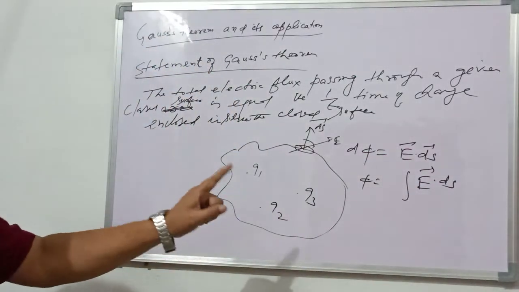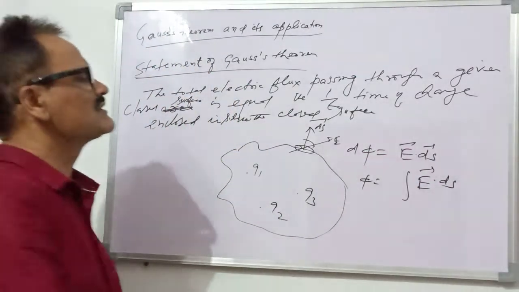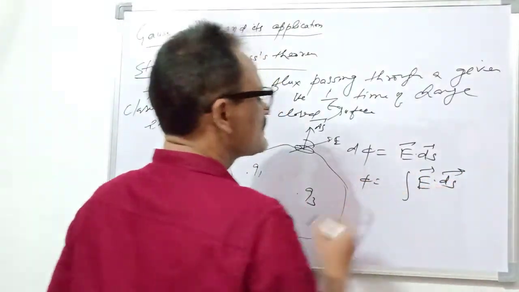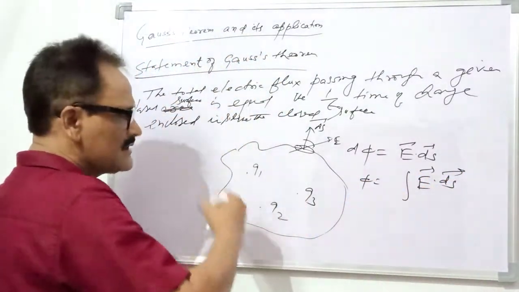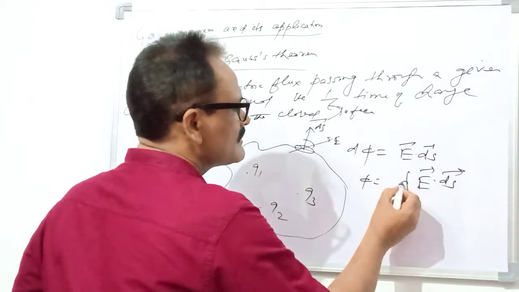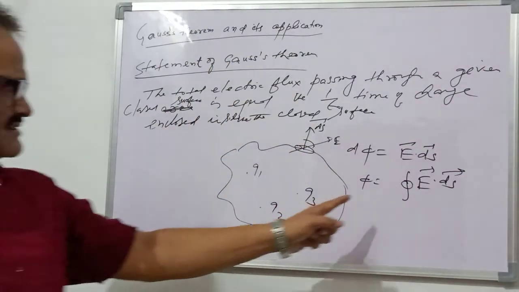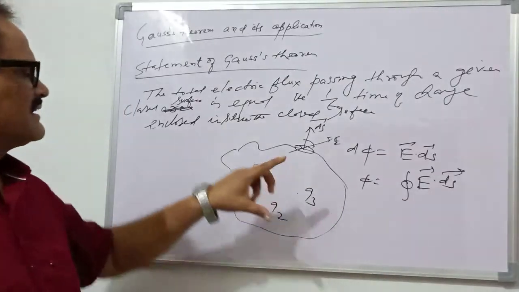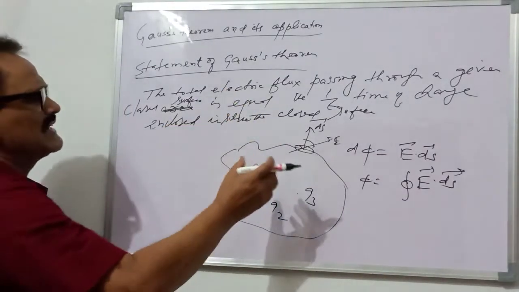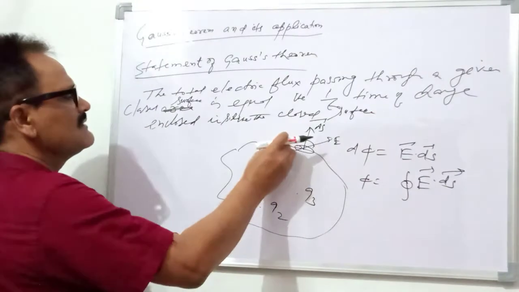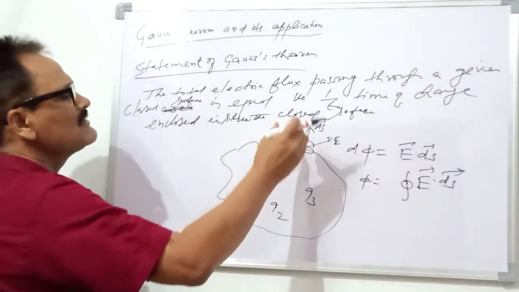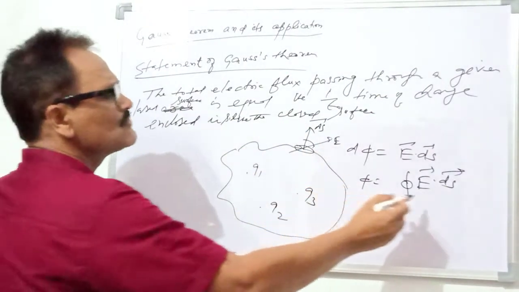By integration we get the total electric flux, and a symbol is used to represent a closed surface. Integrating means we take a very small area and add all the flux to get the total flux.